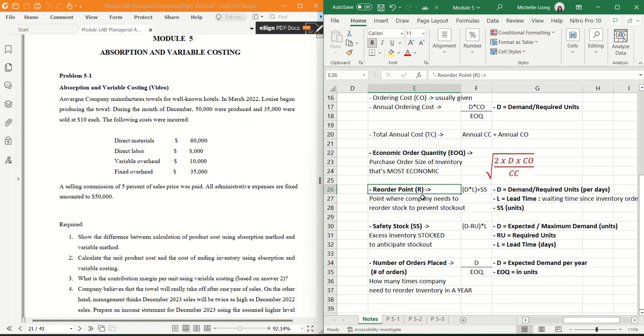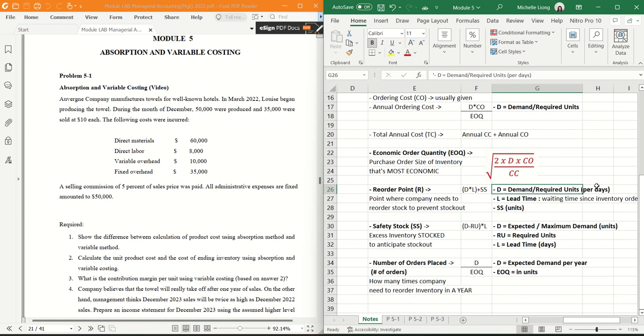Or, let's say the reorder point is 100. So if it's 100 already, it's already the reorder point, so we need to order the stock immediately right now, because if we don't do it, then our inventory can stock out. As simple as that.